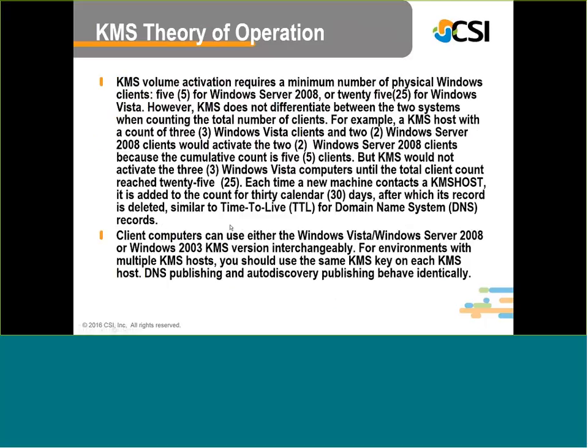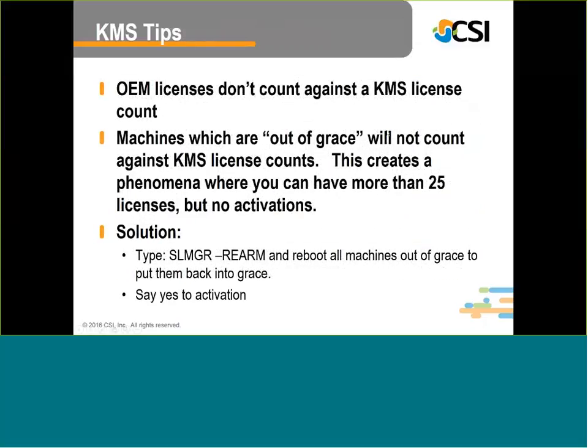I'll just leave it for you in the documentation here, the slide deck that you can download, or Lisa will give you. Basically, the KMS host checks in every 30 days, and as long as it's gotten an answer within 180 days, life is good. OEM licenses don't count. Machines out of grace don't count.